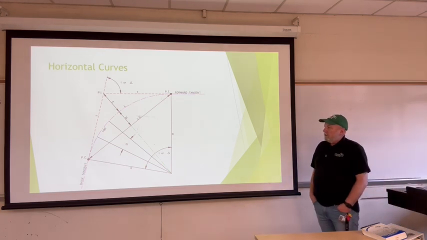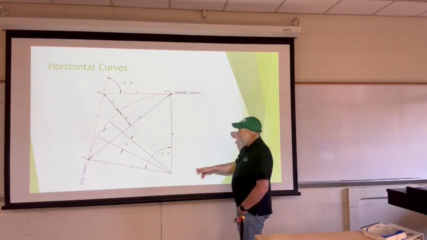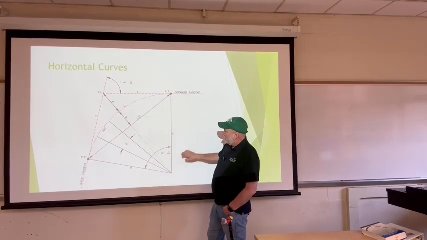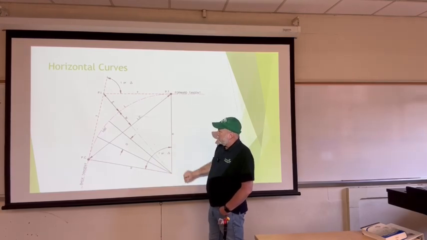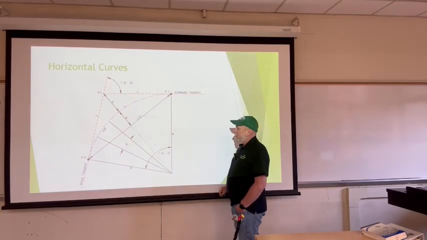Parts of the horizontal curve, we'll go ahead and talk about this again. From your radius point to your tangents, that distance is your radius. These lines should be perpendicular to the tangent in, tangent out.